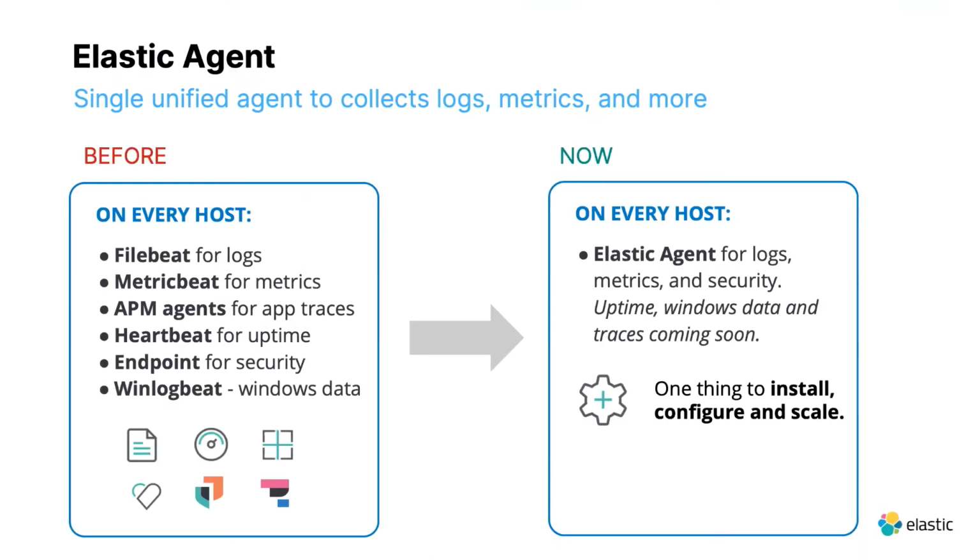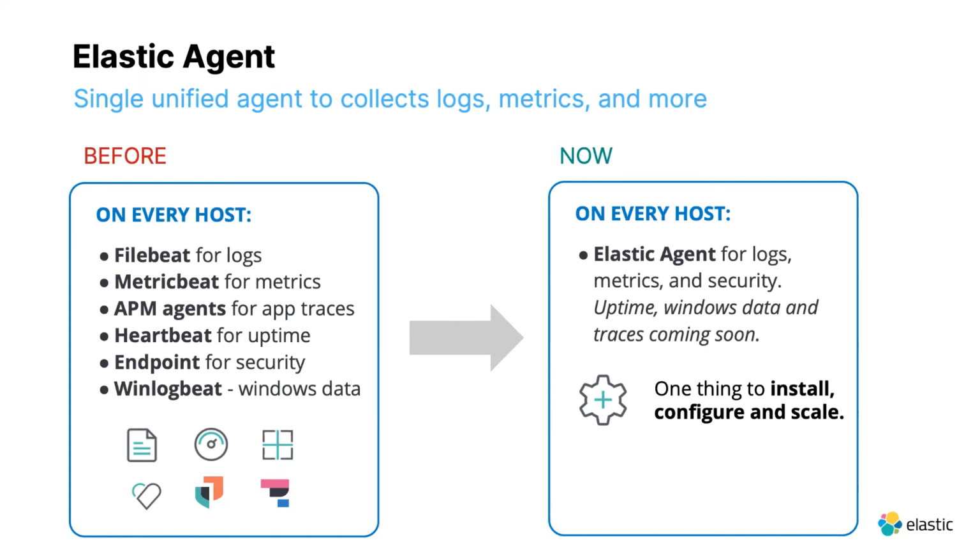So the core technology that makes this new ingest onboarding super easy and intuitive is a new technology we're shipping with Elastic 7.9 called the Elastic Agent. The Elastic Agent is a single unified agent to collect logs, metrics, APM, security, and more.